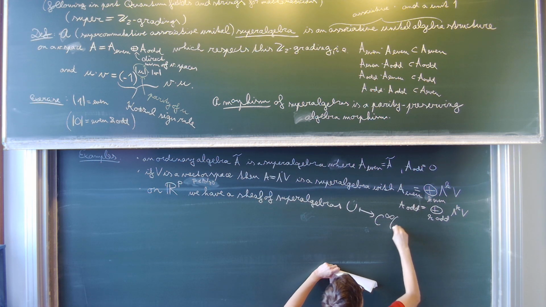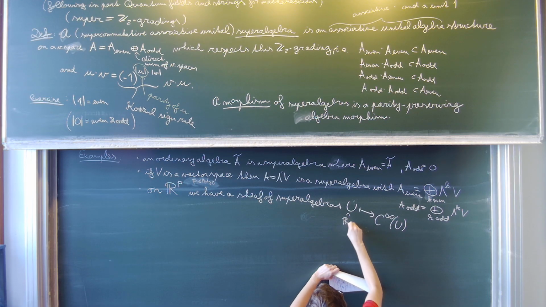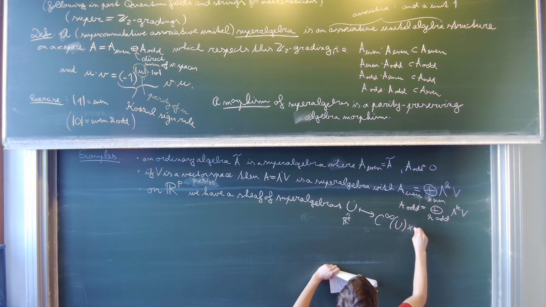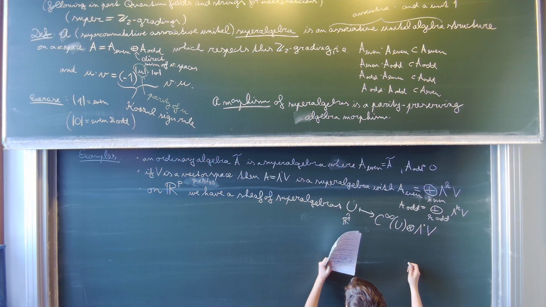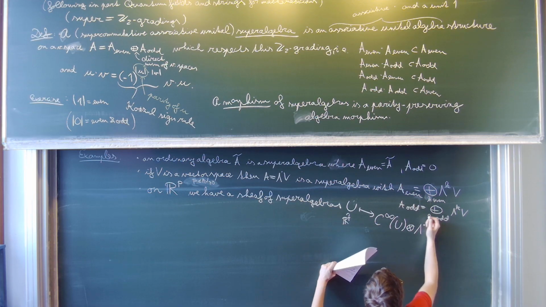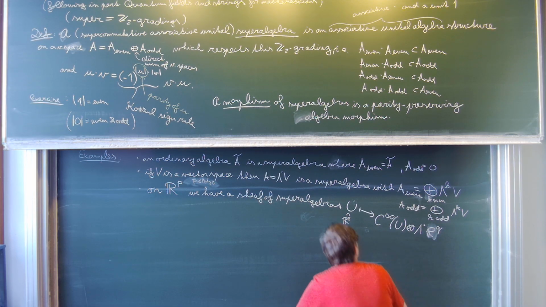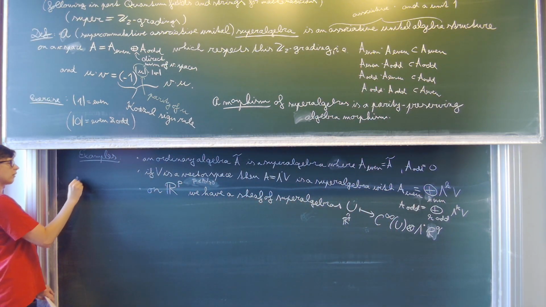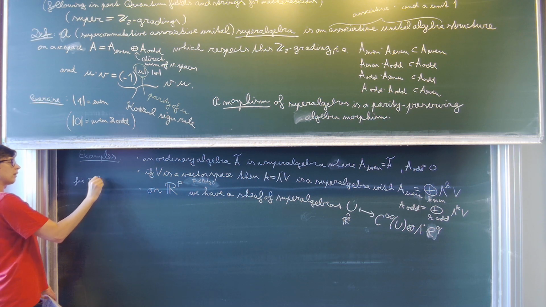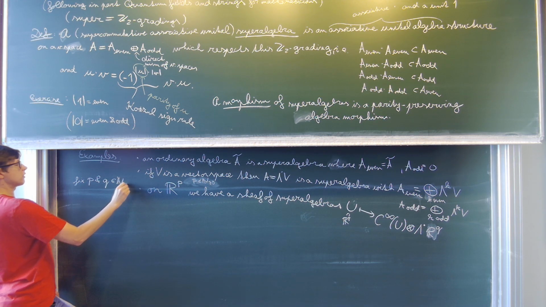You take the smooth functions on that U, where U is an open subset in R^P, tensor the exterior algebra of some vector space, which we can take to be R^Q for some Q. So the input data is fixed P and Q, non-negative integers.